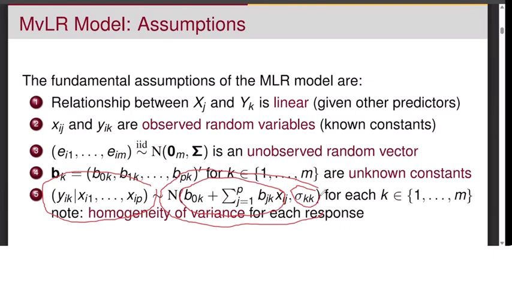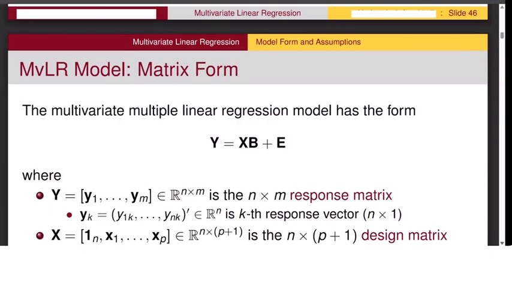If I just write sigma_k, that's a standard deviation. Does that make sense? So sigma_kk means sigma squared k. And of course, we expect a constant variance for each response, which we call homoscedasticity, the homogeneity of variance for each response. Now, how do we write this in matrix form?